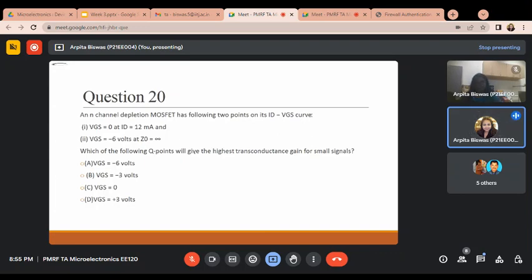So like here you can see, if we plot this, VGS and this is the ID value, drain current. So at VGS 0, there is some current present, 12 milliamps, and it is a channel depletion device. Like if you can see, there's source and drain.